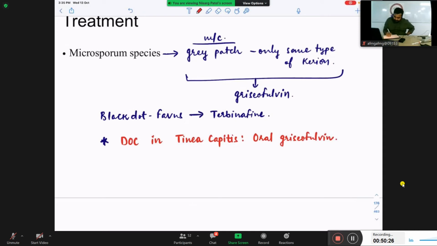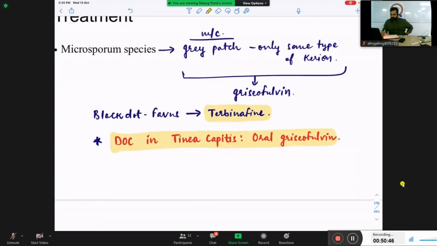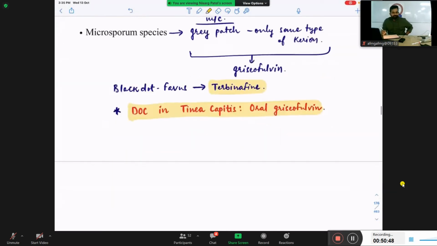But if a person has had the same problem for many months or a year, you can opt for terbinafine also. It is not contraindicated, but because it is a very strong medicine, you will give it in a case where the patient is suffering for many months or years.